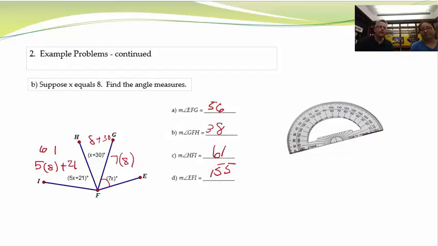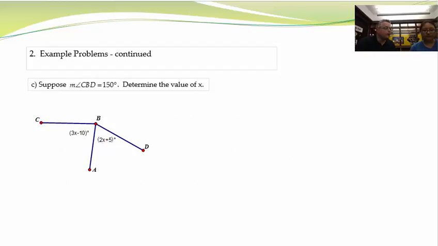Okay, time for another type of problem. Here we have two adjacent angles again. This time they don't give us a value of x. They give us what one of the angles is, and the problem is to find x. Suppose the measure of CBD, the entire angle right here, is 150. Find x.